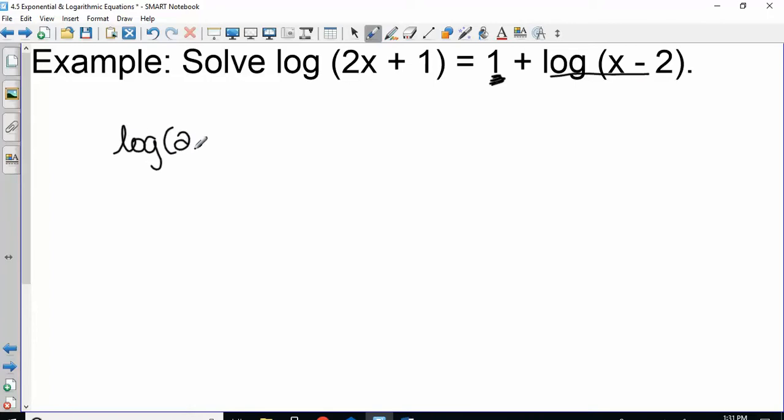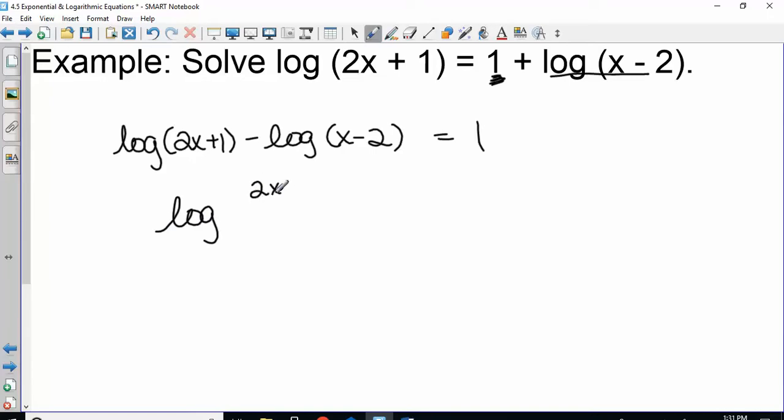Okay, what if we subtract this log over? If these logs are subtracted, what can we now do? Yeah, just what we did in the last one, combine them.